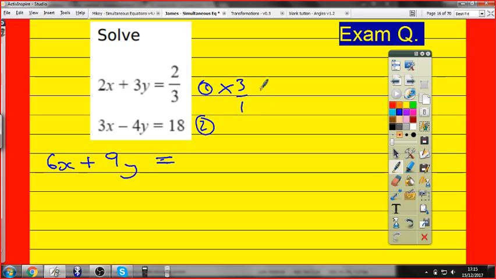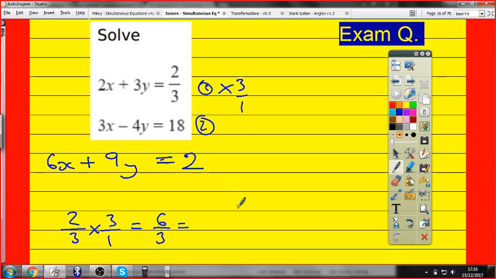What do you get if you do that? 2/3 times 3/1 is 6/3. And simplify. 6/3, 2/1. And 2 divided by 1 is 2.